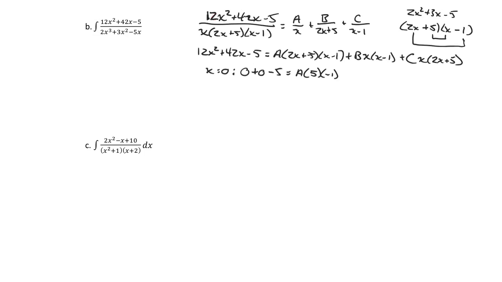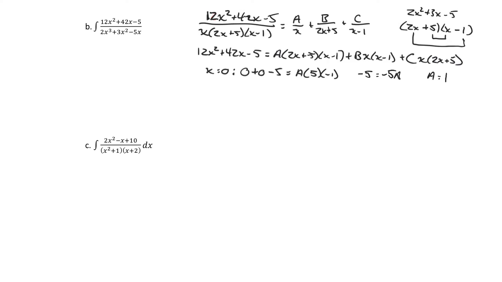I'm going to cut to the chase here. The B term and the C term both have a factor of x, and if x is 0, we're going to end up with B times 0, so I'm not even going to include those. Well, this turns out to be rather nice. I have negative 5 equals negative 5A, which means that A is 1.